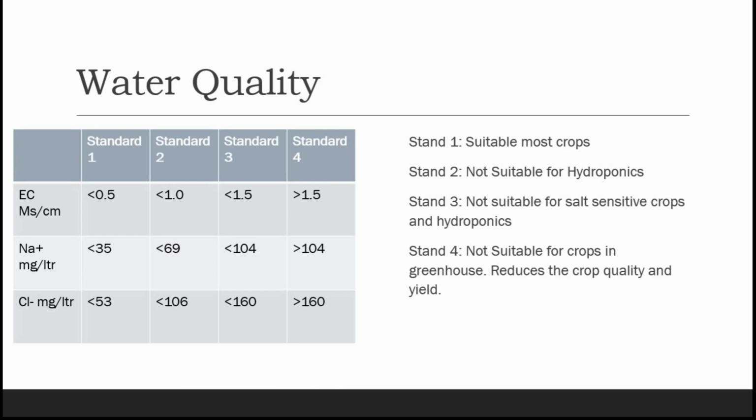Next comes standard 2, which is not at all suitable for hydroponics. The EC is less than 1, sodium is less than 69, and chlorine is less than 106. Now the standard 3 water quality is not suitable for salt sensitive crops and for hydroponics.